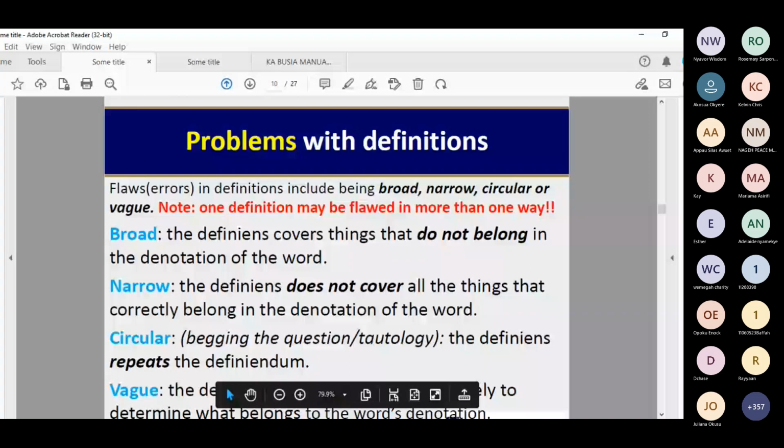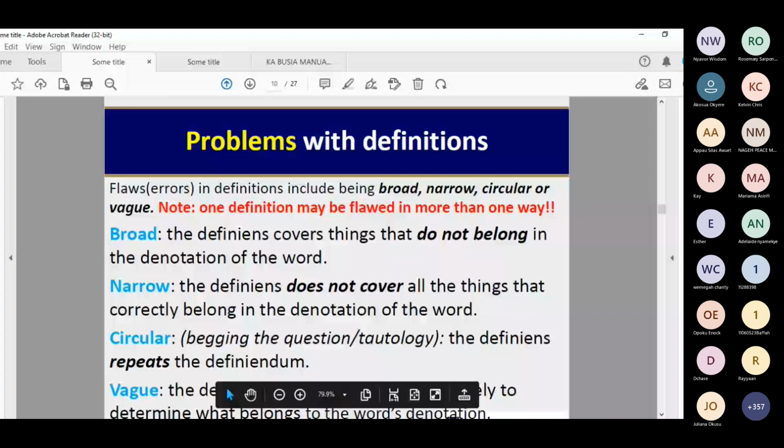I am saying I don't know dog. Definition, help me know. You say a 4-legged animal is a dog. Won't I call elephant and cow and all animals that have 4 legs dogs? That is the problem. It's broad. They are brought in, unwanted.